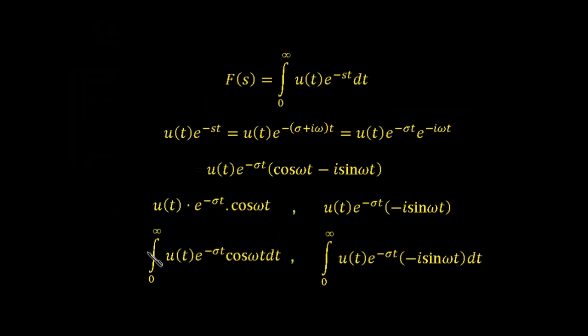And then we integrate this side from 0 to infinity with respect to dt, and we integrate this side from 0 to infinity with respect to dt. So as you can see here, this is nothing other than what we did when we did the Fourier transform, but there's just an extra factor of e to the minus sigma t in each of these. So let's go ahead and look at the surfaces here, and we'll see this actually graphically.